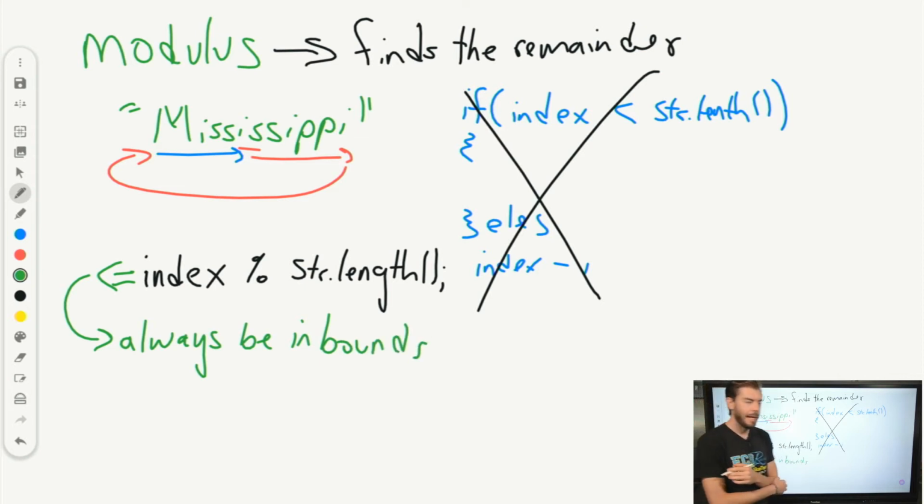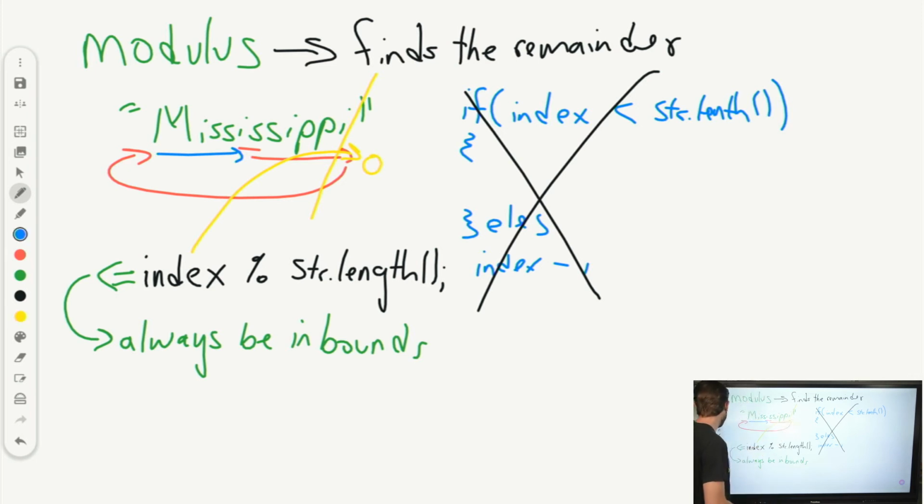Remember that modulus returns the remainder. So if our index is bigger than the end of our string, we've modulated by the length of the string, we cut off, in a way, numerically, we cut off that and we get the remainder value.